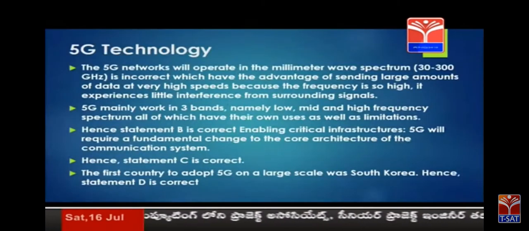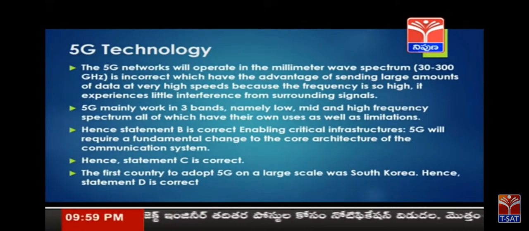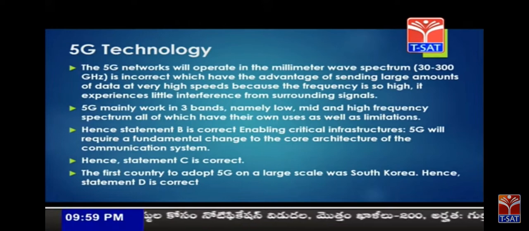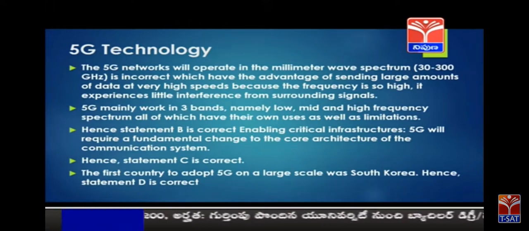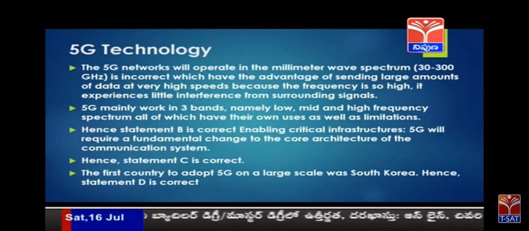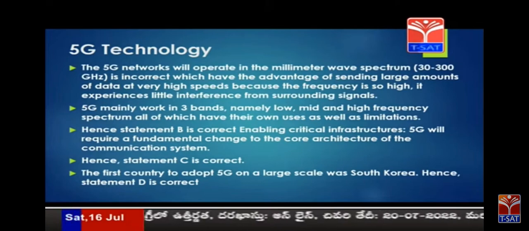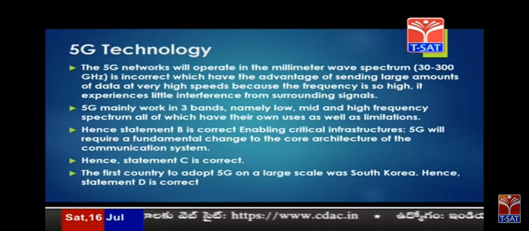The statement that the 5G network will operate in the millimeter wave spectrum, 30 to 300 gigahertz, is incorrect as stated. It has the advantage of sending a large amount of data at very high speed because the frequency is so high, and it experiences little interference from surrounding signals.